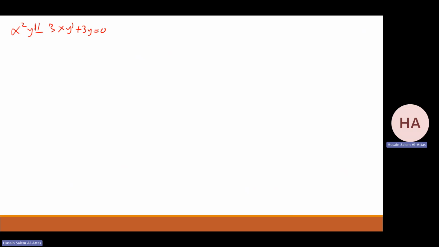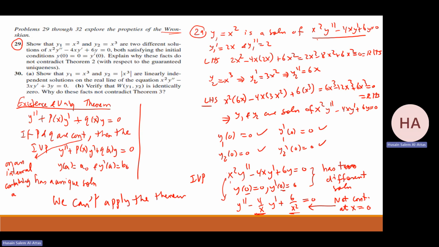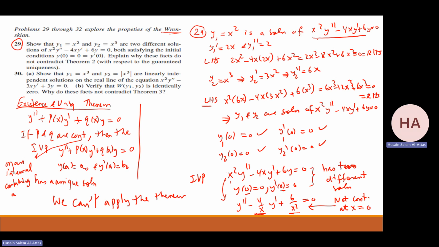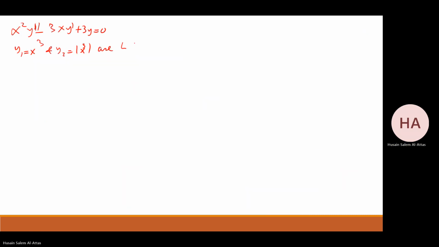I want to show that y1, which is x cubed, and y2, absolute value of x cubed, are linearly independent solutions.